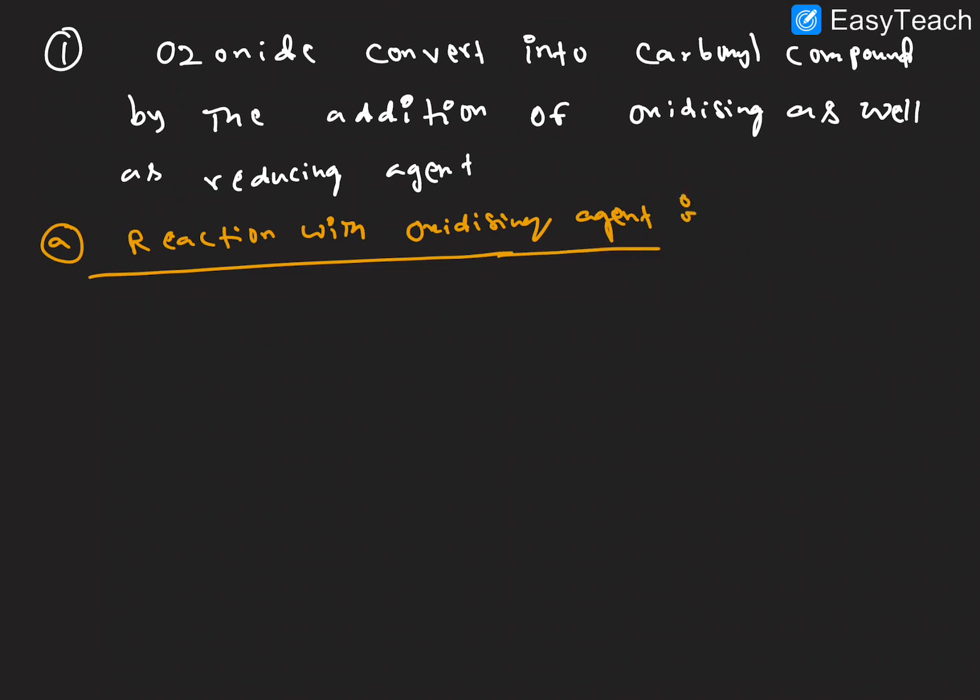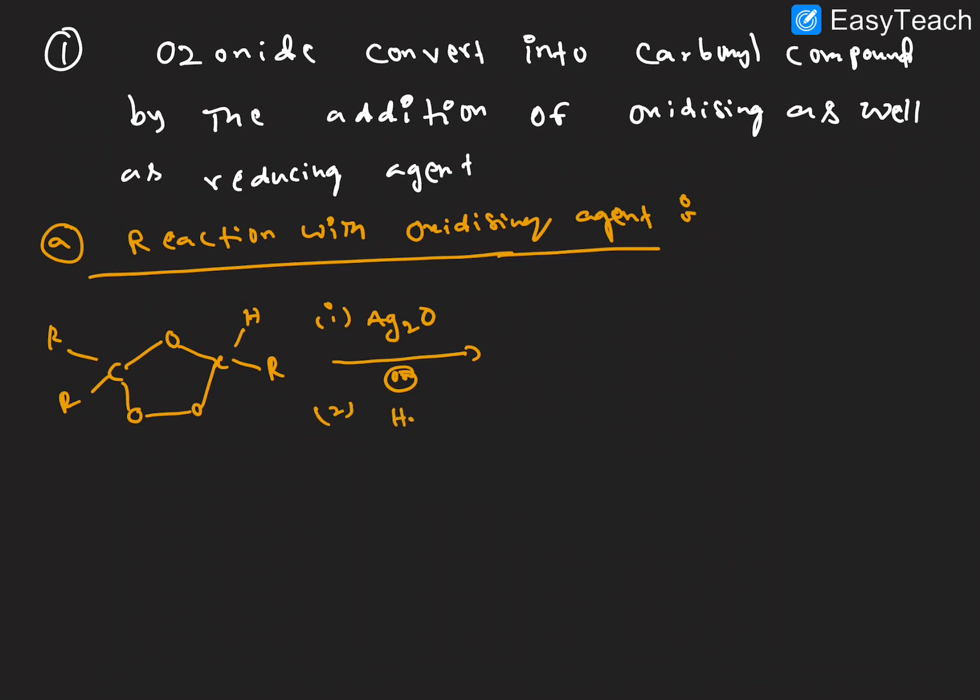So generally the oxidizing agents are H2O2 and peracids, which we use here. We are taking ozonide, the one we prepared in the last reaction. This is ozonide, with the hydrogen and alkyl group, and addition of Ag2O, or we can use another reagent here, H2O2. This is also an oxidizing agent. Also we can use peracid, COOH, right?